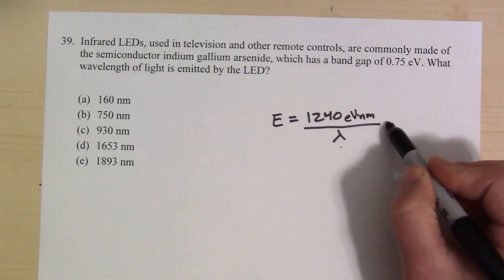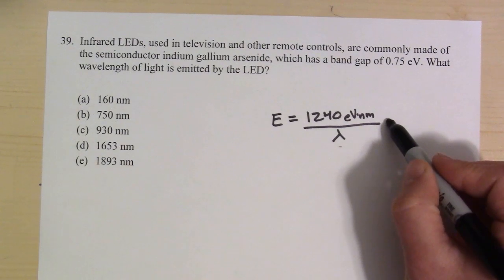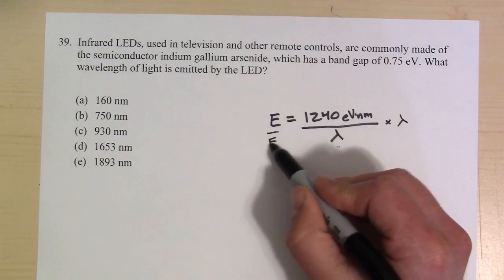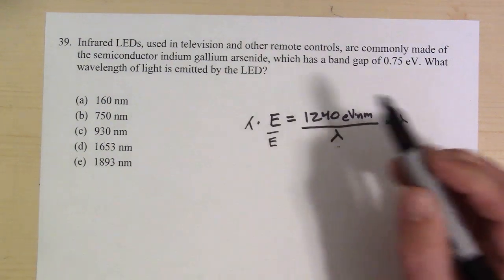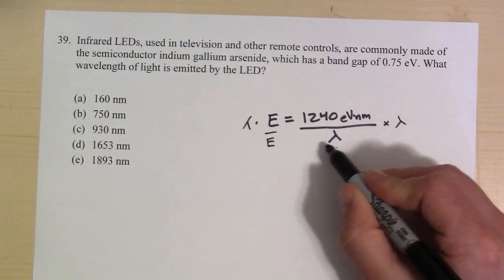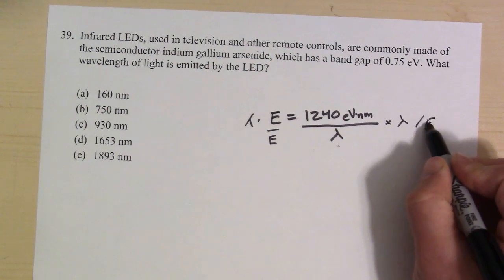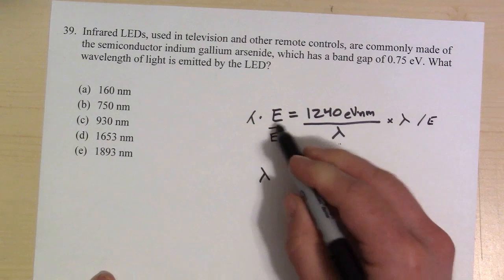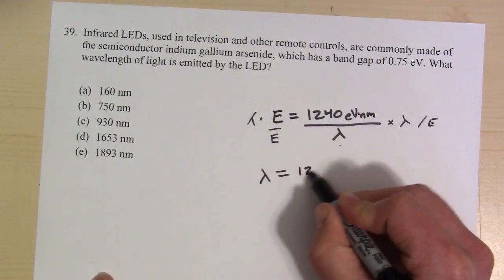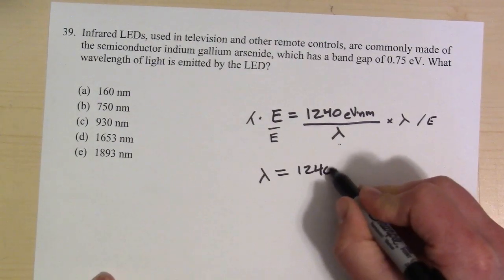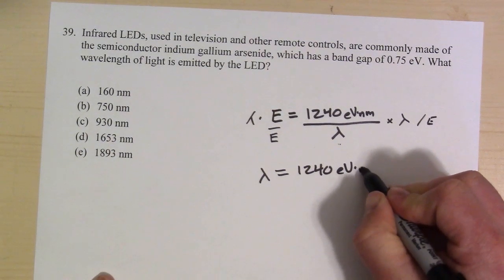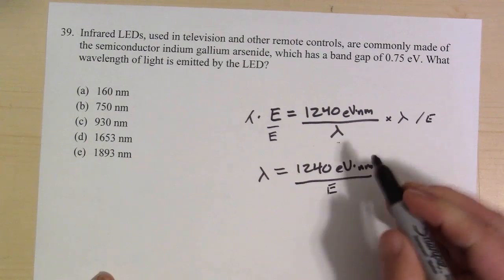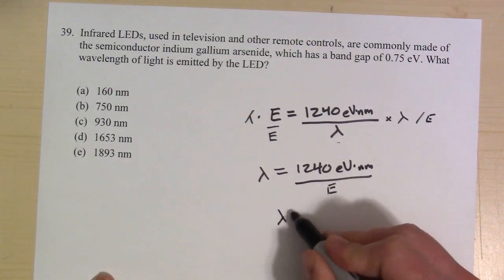So if we multiply this side times lambda and divide this side by E, we'll do the same on the other side as well. So we'll invert E and lambda. So that'll give us that lambda is equal to 1240 electron volt nanometers over E. E we know is 0.75.